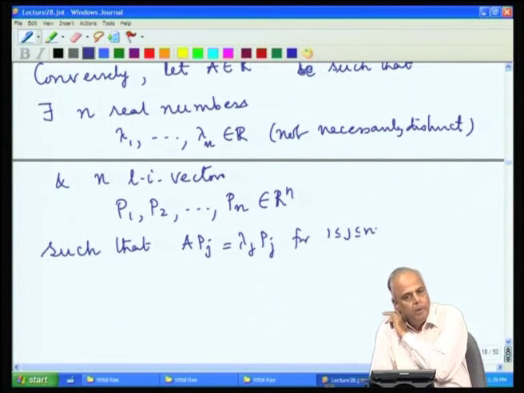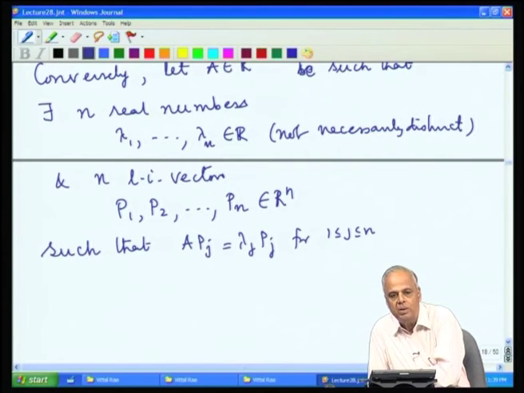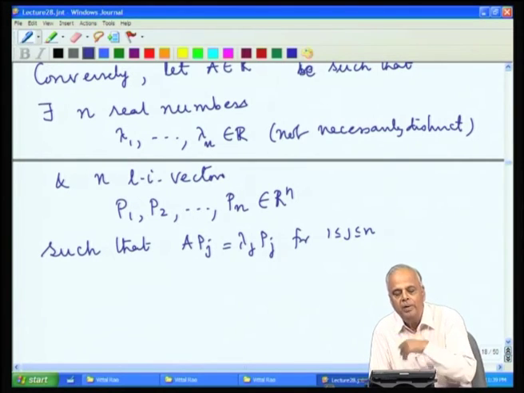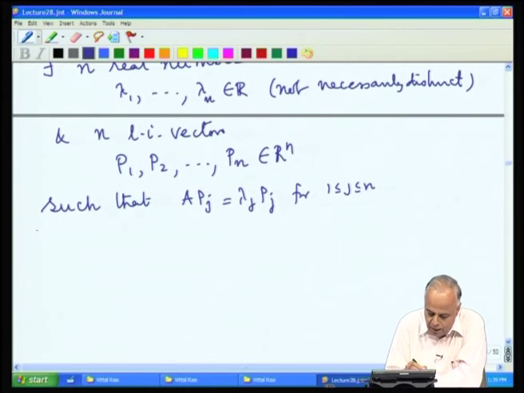Now, in the previous case we assumed diagonalizability and we arrived at the existence of these numbers and the vectors. Now, we are assuming the existence of these numbers and the vectors and we are going to prove that A is diagonalizable.